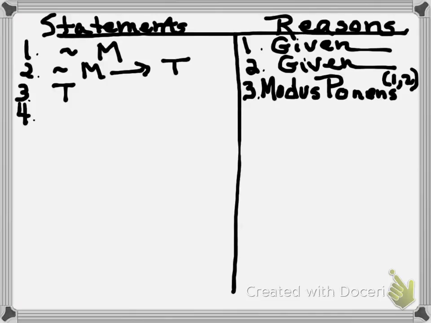Now, I have T. I'm going to go to this first statement. F and not S implies not T, together with T. This is a conditional. This is the negation of the conclusion.